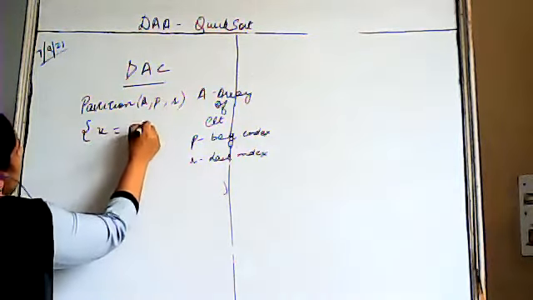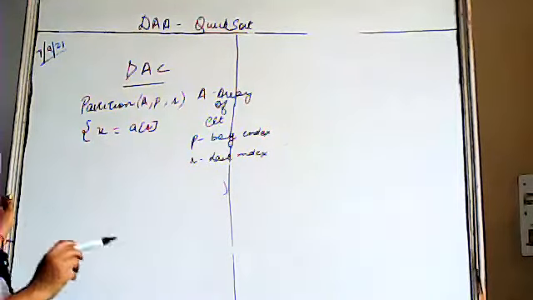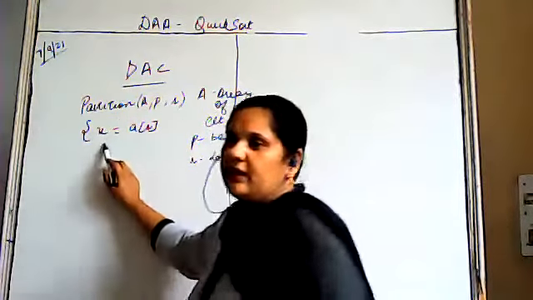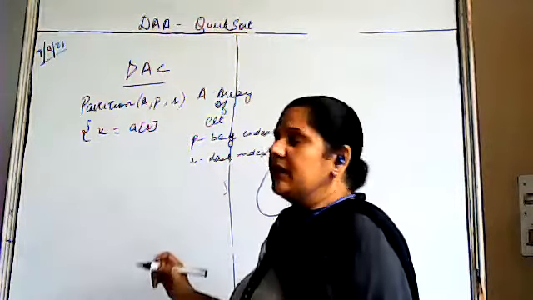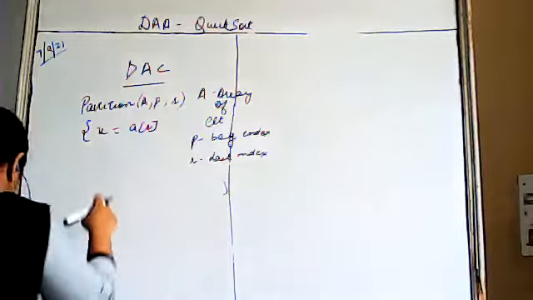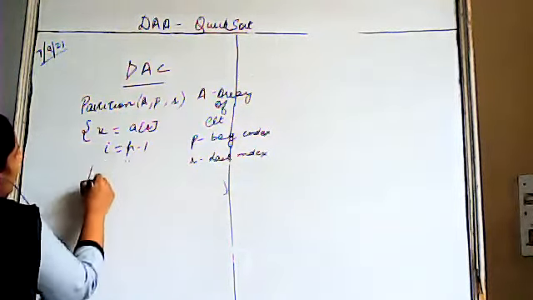Initially store A of R, that is the last element of the given array, into X. Then we will run the loop. You will write I is equal to P minus 1. This is one counter variable.